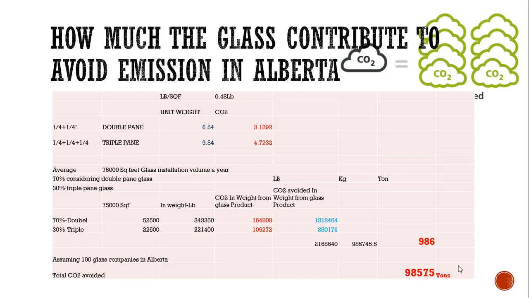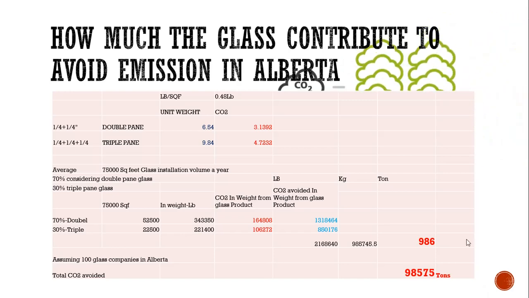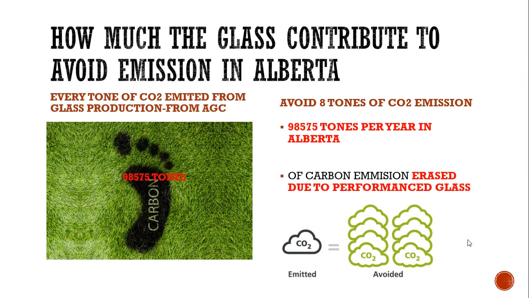For about 1 year in Alberta, we avoid 98,575 tons. So this is the footprint we cut in Alberta for a year from the glass installation for buildings, either commercial or residential.